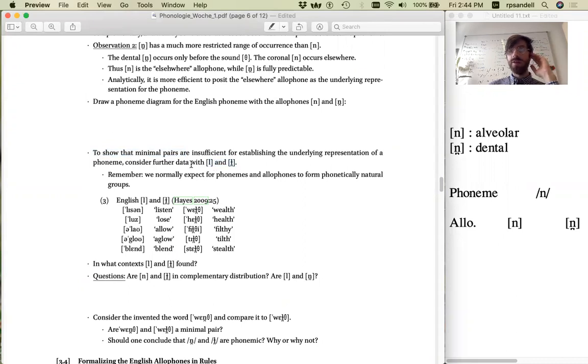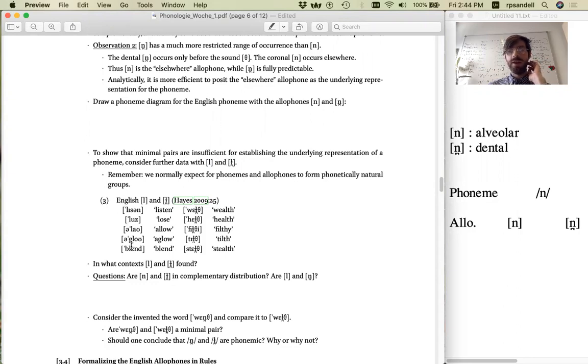the liquid sounds, a couple of L sounds in English, what we sometimes refer to as a light L and a dark L. The difference between these sounds is that with the light L of English, the tongue body is not also against the velum, whereas with the dark L, the tongue body is also against the velum.